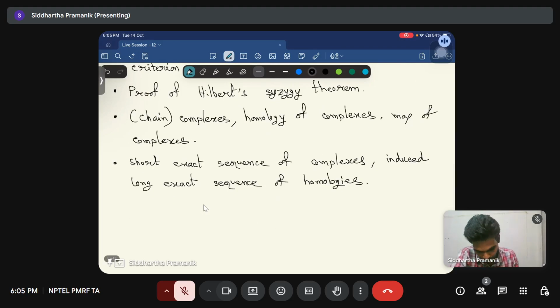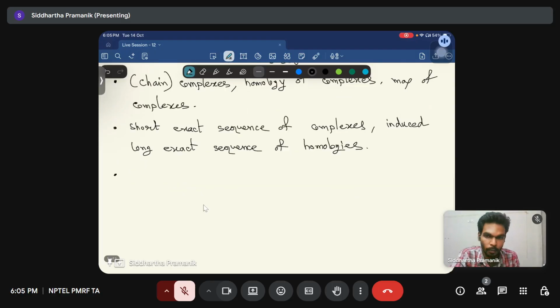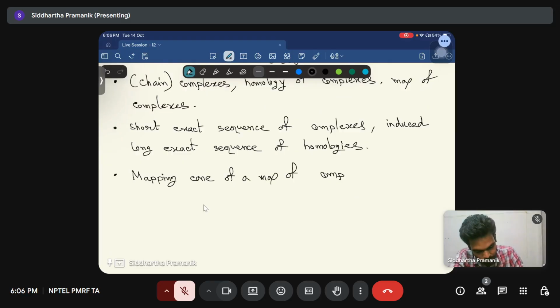After that, if we have a map between two chain complexes, then we have seen how to define one more complex, basically the mapping cone. Mapping cone of a map of complexes.